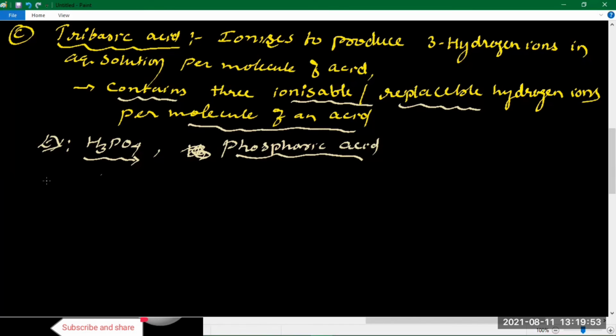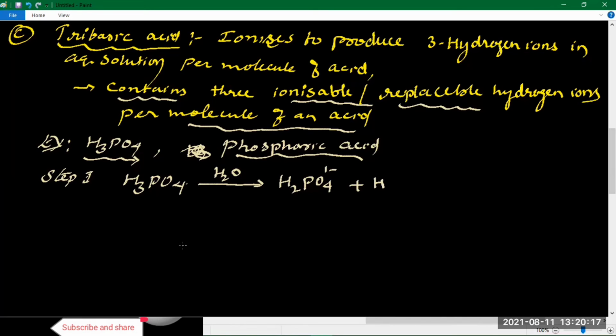So in step 1, phosphoric acid, when you treat it with water, ionizes to produce H2PO4 minus along with one hydrogen ion that gets separated. In step 2, this H2PO4 minus, when it ionizes with one more water molecule, produces HPO4 2 minus ion plus one more hydrogen.